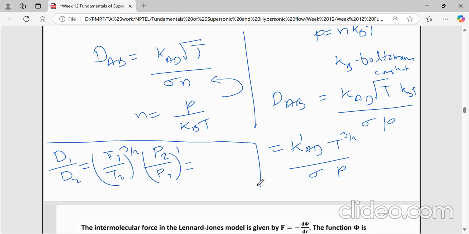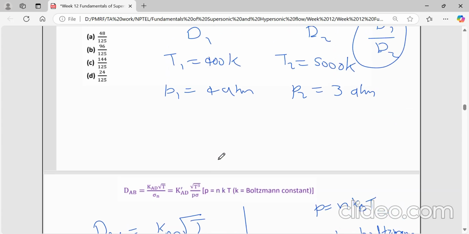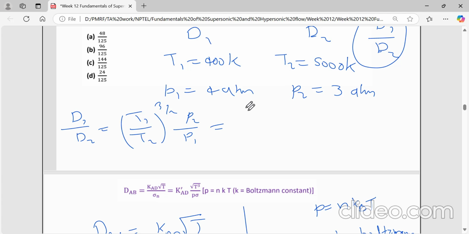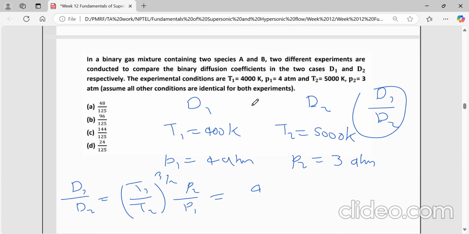So if you put the values, we will write this here. D1 upon D2 equal to T1 upon T2 to the power 3 by 2 into P2 upon P1. T1 is 4000 Kelvin, T2 is 5000 to the power 3 by 2, P2 is 3 and P1 is 4.